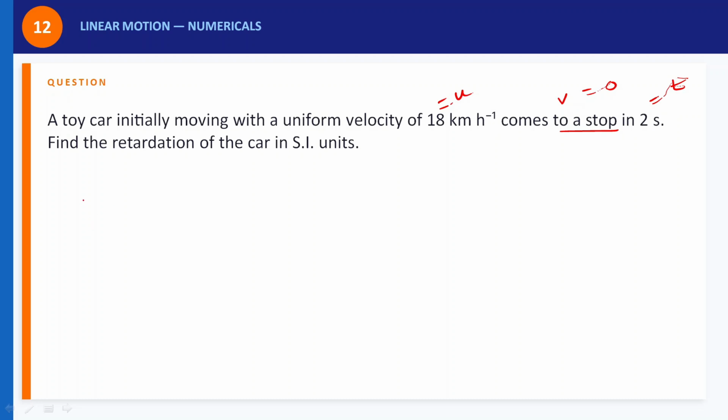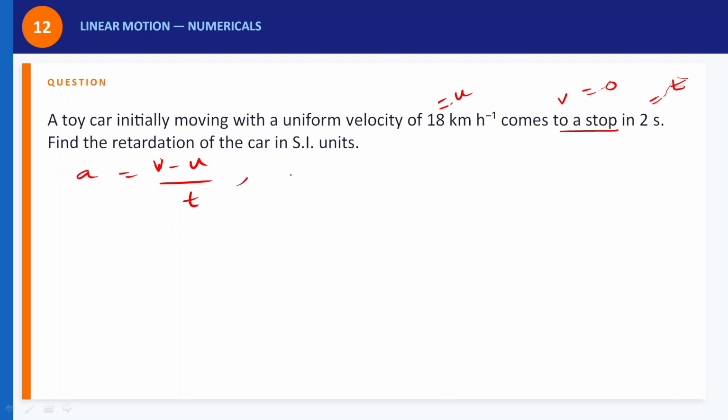Then acceleration can be written as a equal to v minus u by t. Final velocity is 0. Before that, I will convert the initial velocity of 18 km per hour into meters per second.